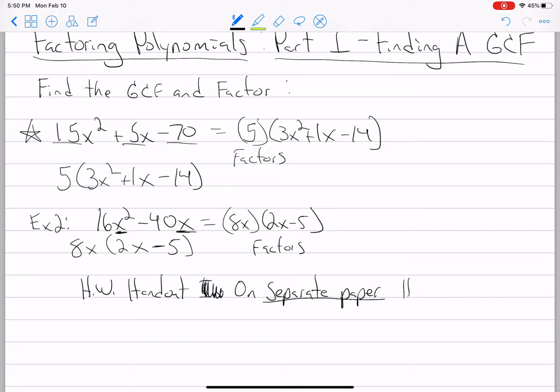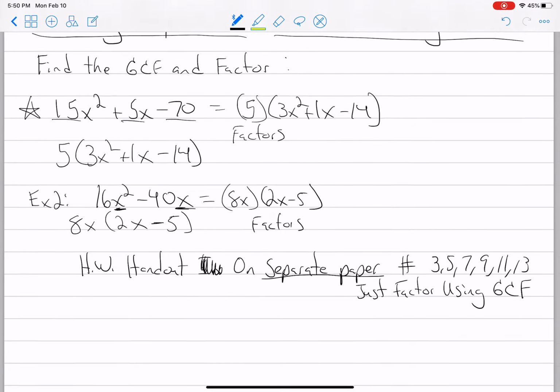You're going to do numbers 3, 5, 7, 9, 11, and 13. Just factor using the GCF. That's all you got to do with that. So that's the easy part of this.